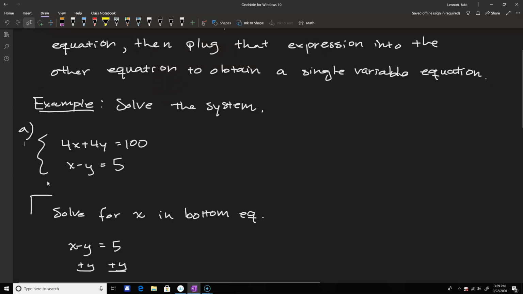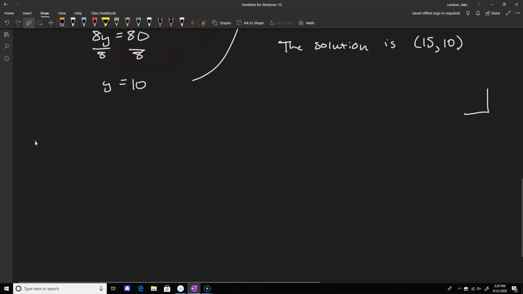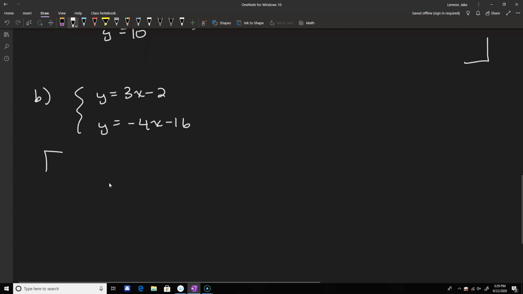So for part B, we have y equals 3x minus 2 and y equals minus 4x minus 16. Because y is solved for explicitly in both equations, we can just set the right-hand side of each equation equal to each other. So there's not too much work in doing the substitution there.